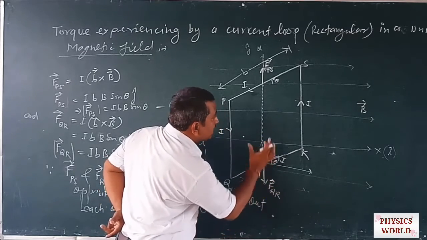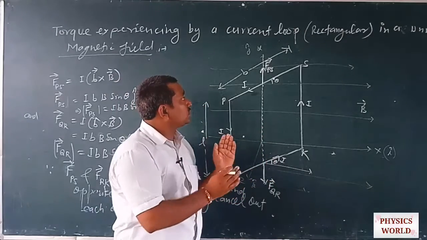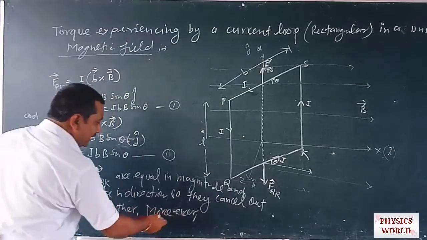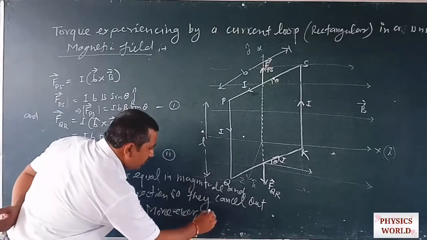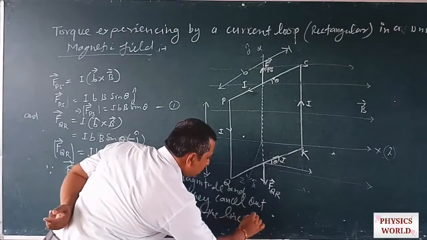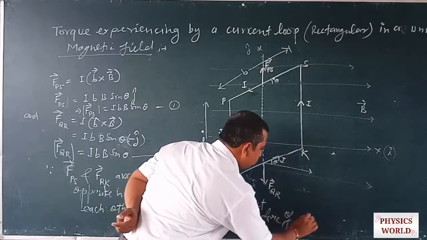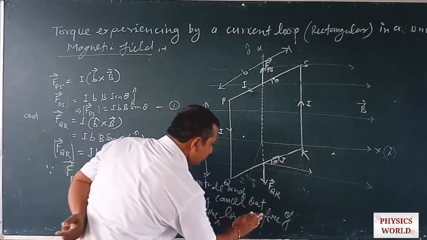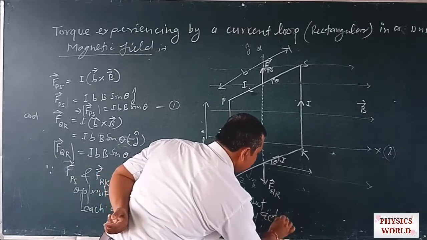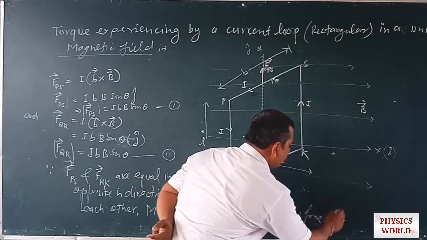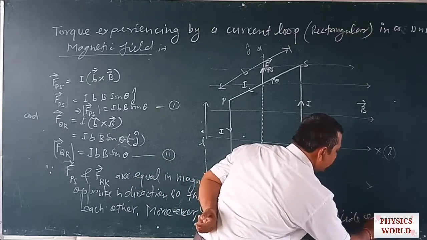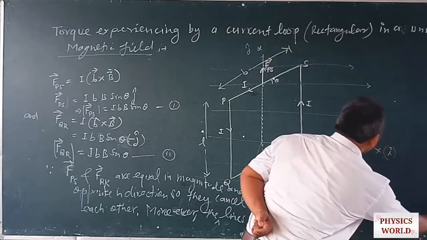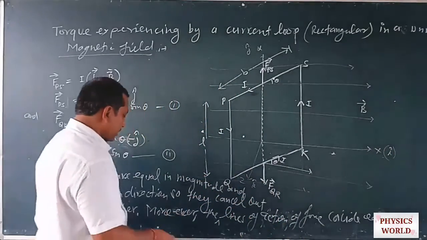So what will be the total torque? Because both forces coincide in their lines of action, the lines of action of both forces coincide with each other, hence they will produce no torque.